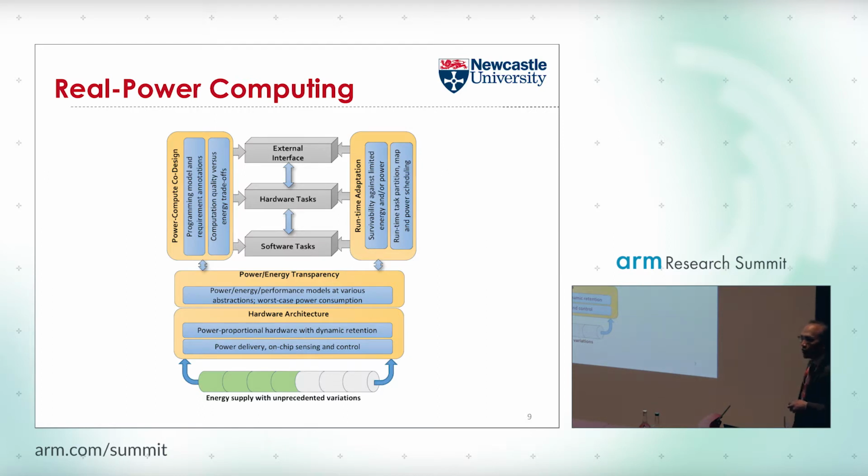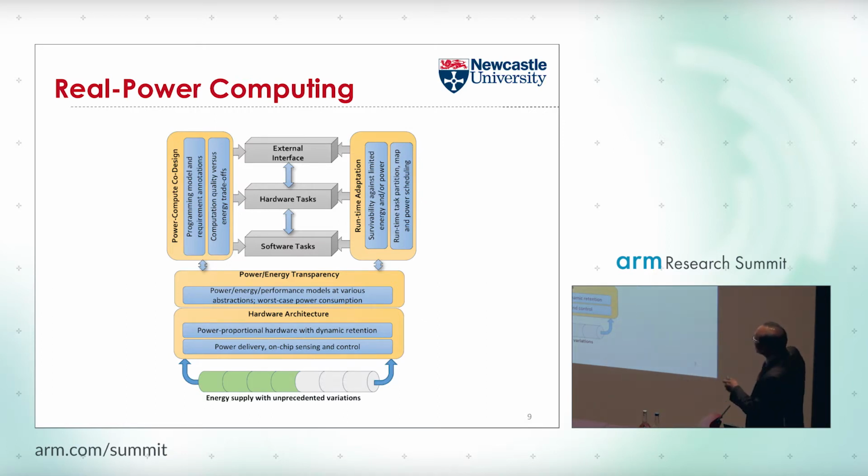And obviously, you can't do away with the design time optimizations only. You also need runtime support, a support system which is built around making sure that the system is survivable at all times. And that's why you need runtime adaptation. Can we make sure that the quality that we are providing right now is maximized in the next time around with the same kind of power capability or power budget?